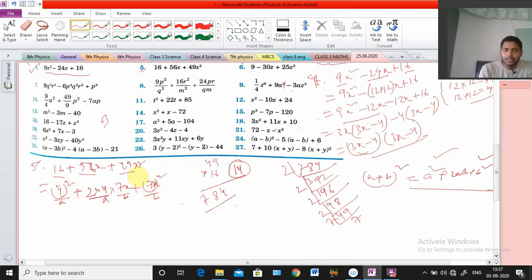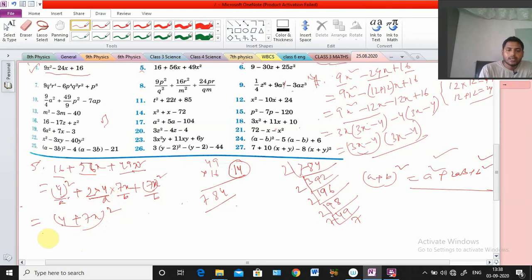And 49 x square means 7x whole square, that is b. 7x is the b, and inside, 2ab: 2a means 4, and b means 7x. So now our formula a plus b whole square is coming, that means 4 plus 7x whole square. Clear or not? Understood? So this is the answer.